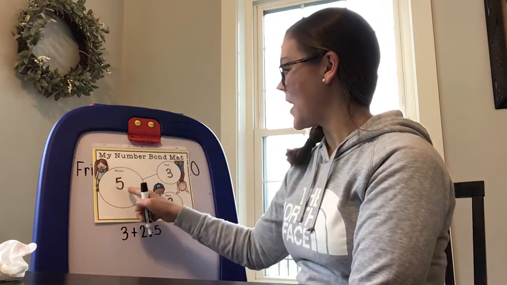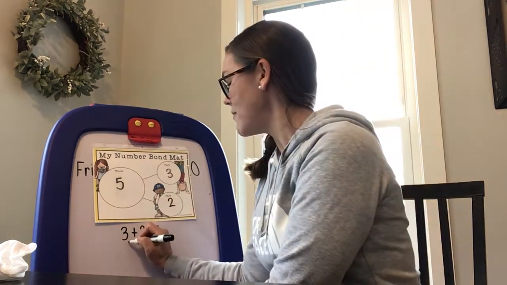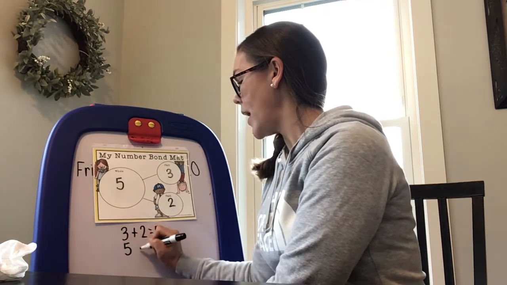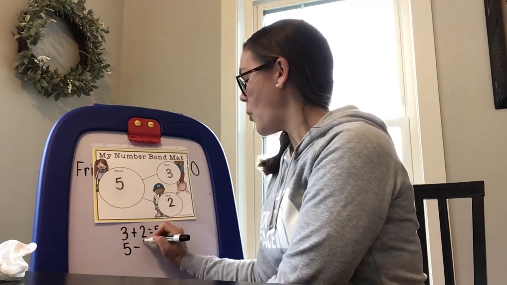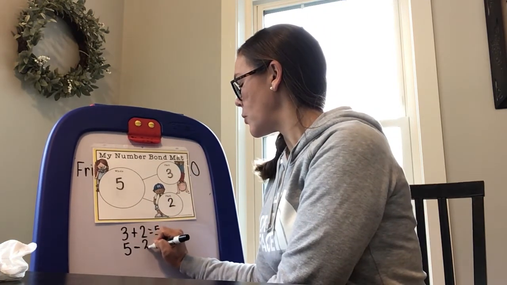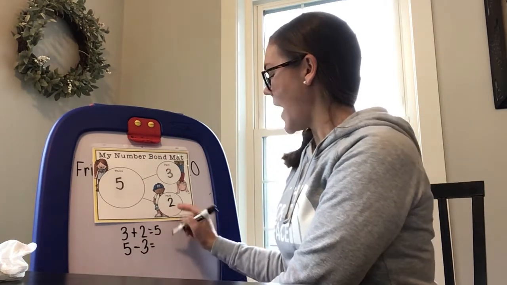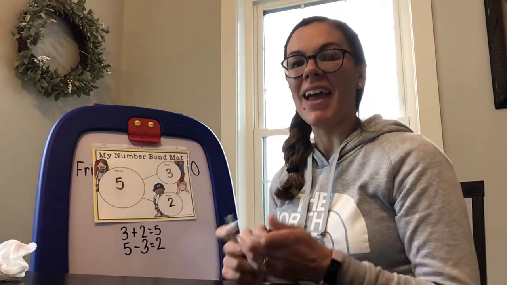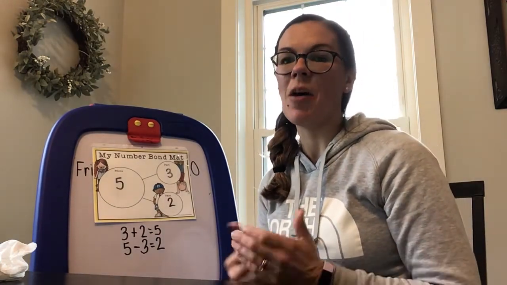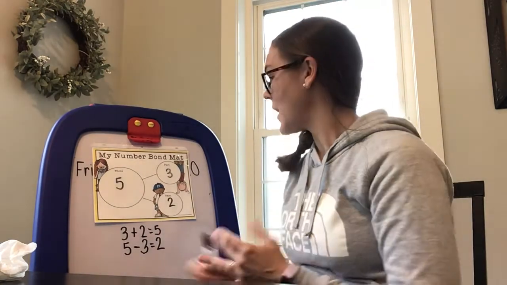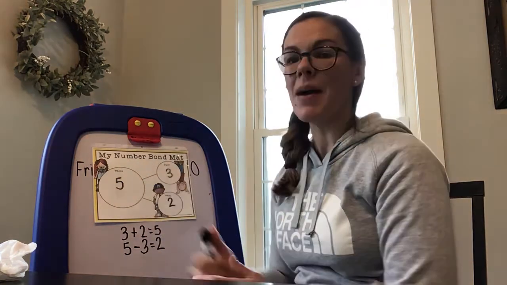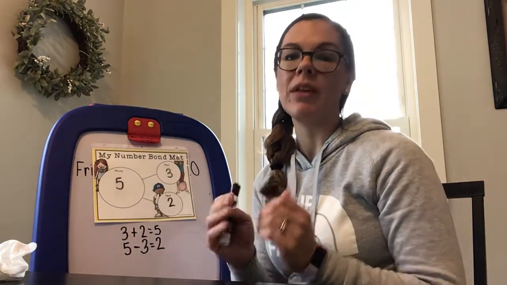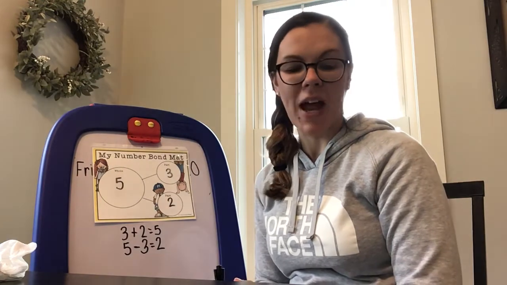All right, hopefully you started with 5, our whole, and you took away one part, which is 3, and you have your last part left, which is 2. Again, addition and subtraction, we can help each other out by knowing that those 3 numbers that make up an equation are related, whether we're adding or subtracting.